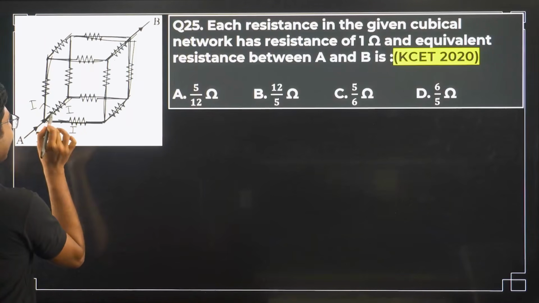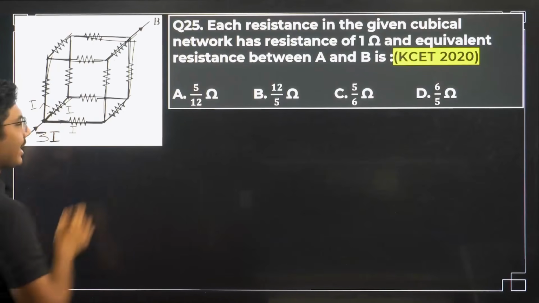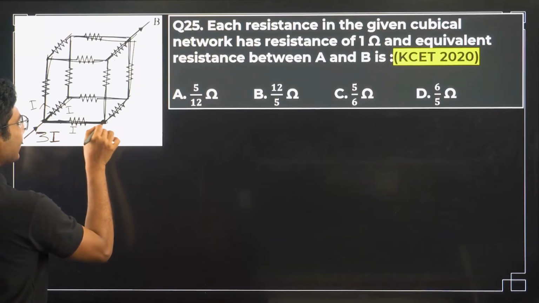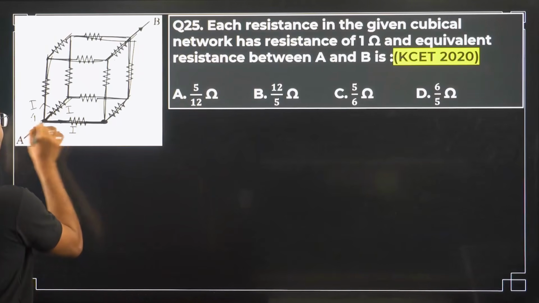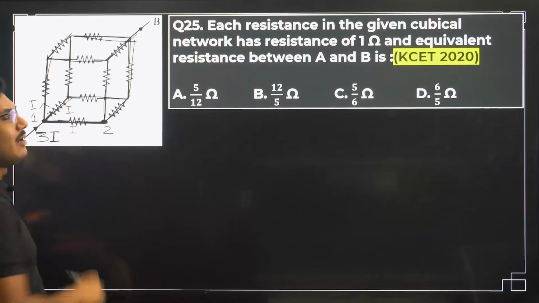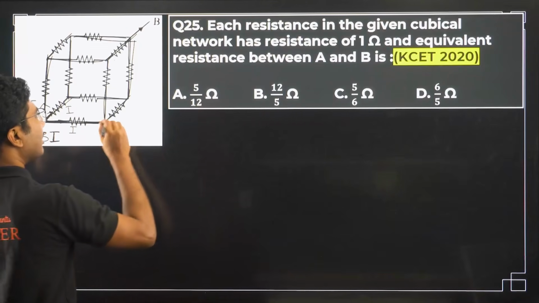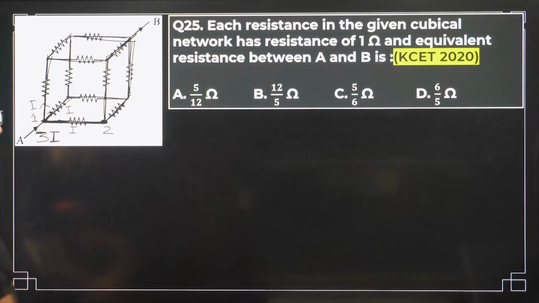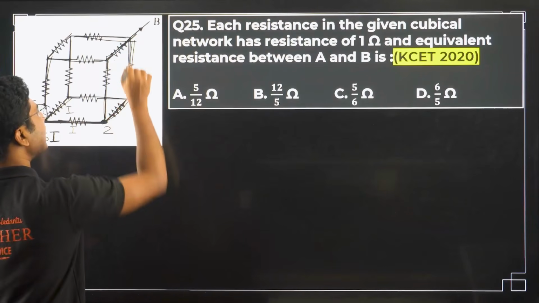Now this current started here. When it reaches this junction, this is junction 1, this is junction 2. Again at this junction it will have 2 paths, one along this, one along this, and both paths are equiresistive, as I said.